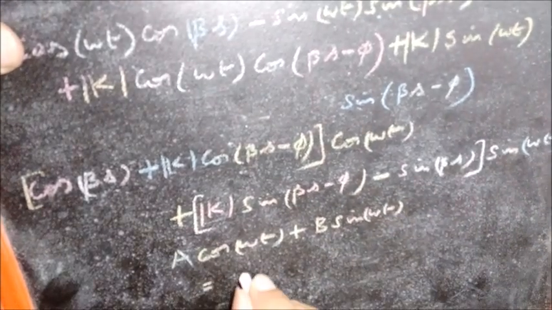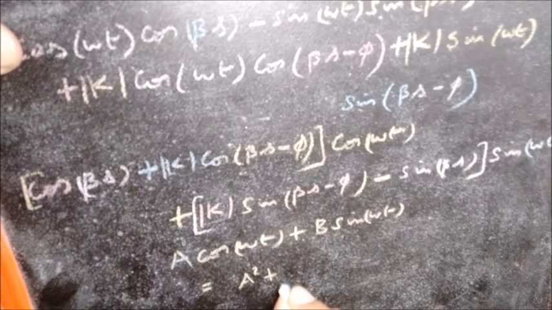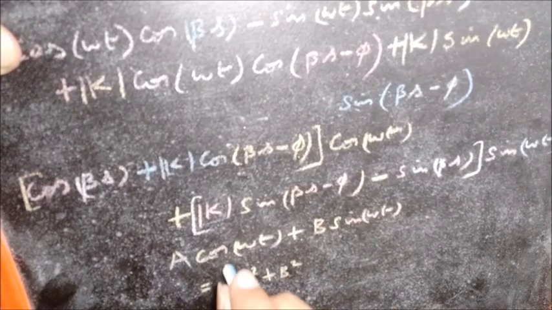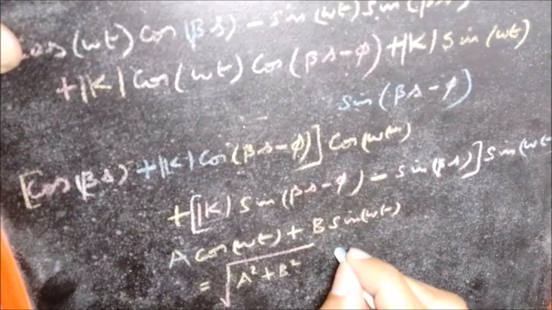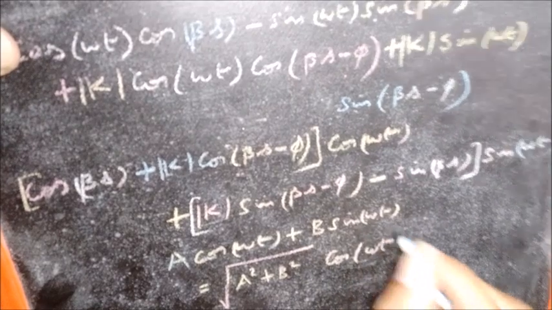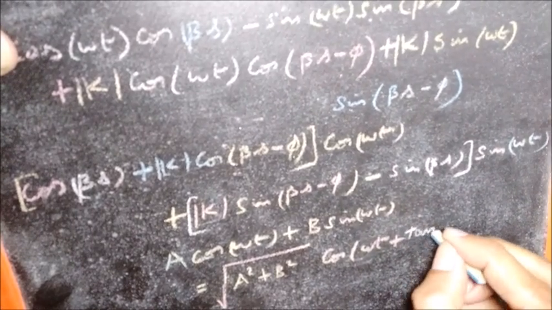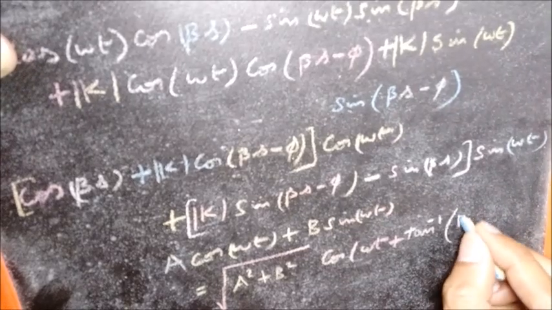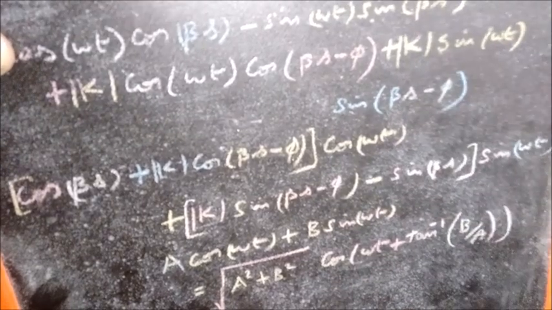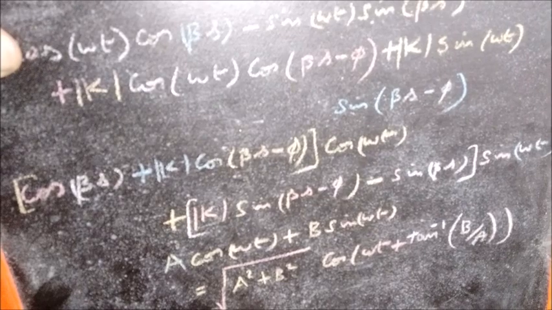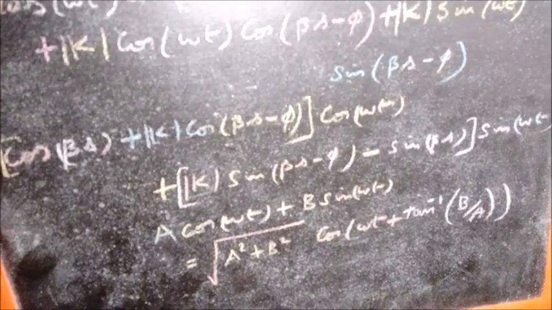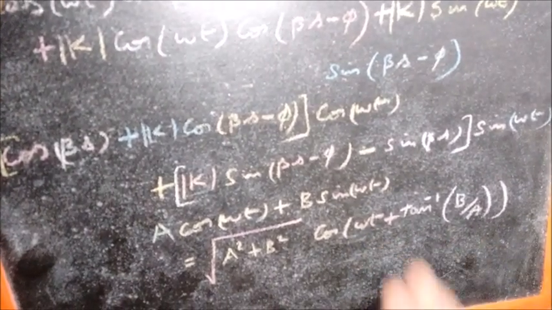This is equal to square root of a square plus b square, times cos(omega t plus tan inverse b by a). So just to give you an idea how this happens, I'm sure you know this.